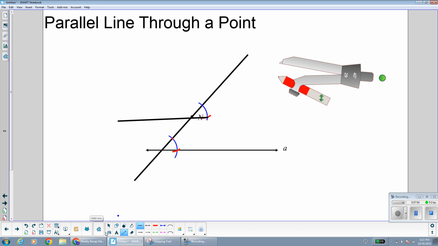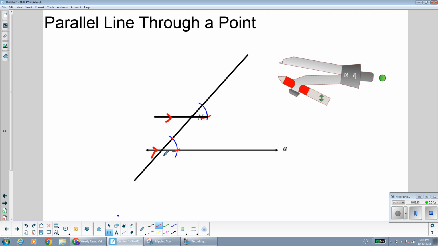There we go. That's the best I could do. I kind of missed when I was doing it on the computer. One more time. There we go, finally. And notice how the line we created is parallel to the original.